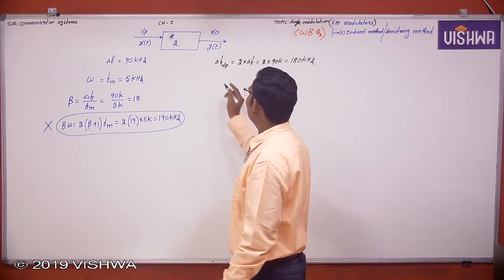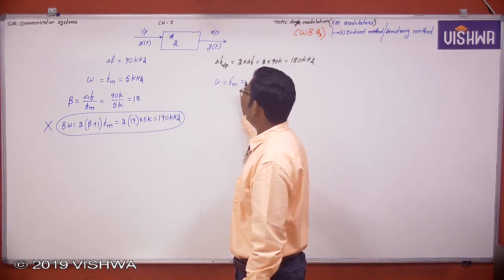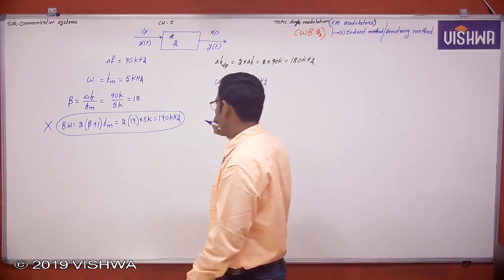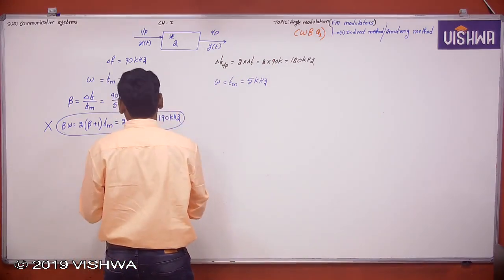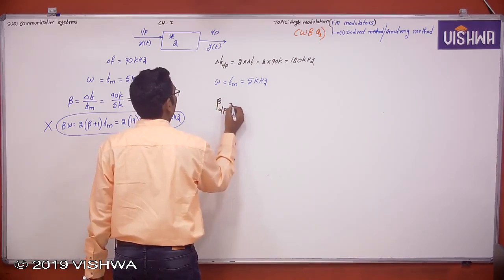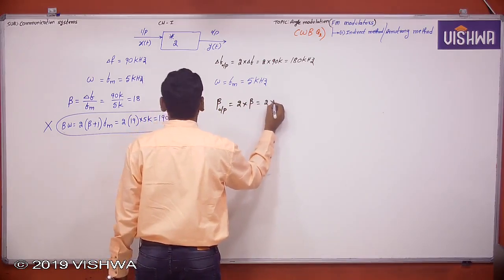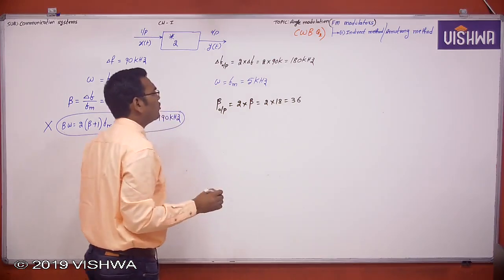The message signal frequency is not affected anywhere in the process of frequency multiplication. And the modulation index is affected. The modulation index at the output side is 2 times beta, which is 2 into 18, equal to 36. Now you may use anything.